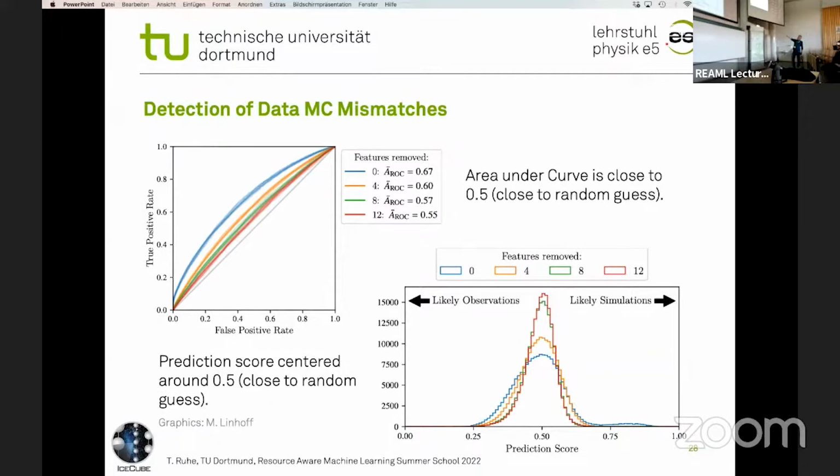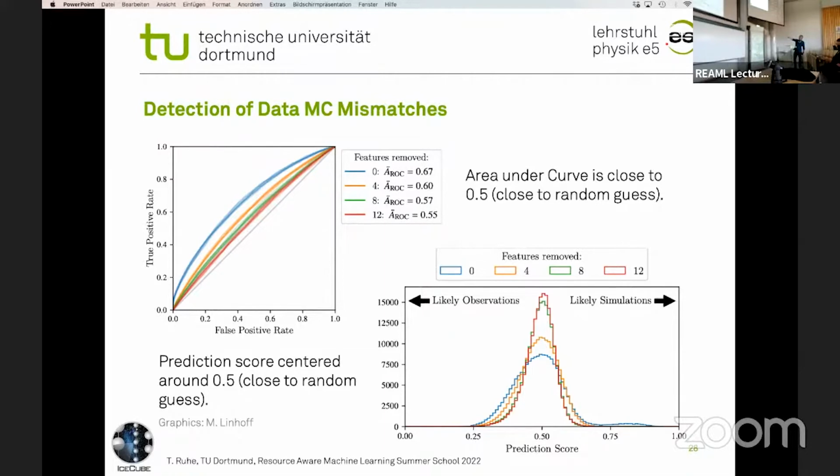And you can see, well, the gray line might be hard to see, but it's at 0.5, just separating this. This is random guessing. If we actually go ahead and remove 12 of these features, then we get pretty close to random guessing, coming from 0.67.